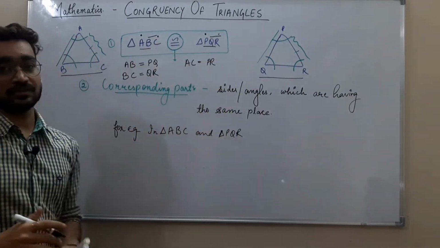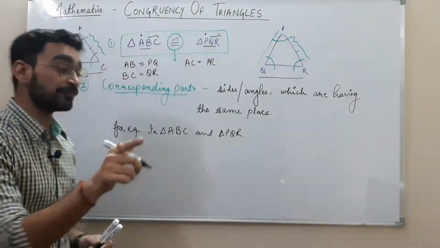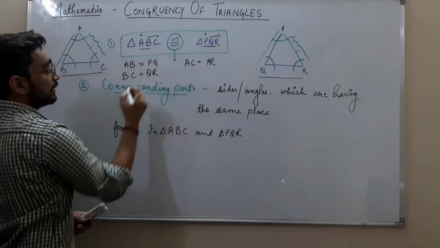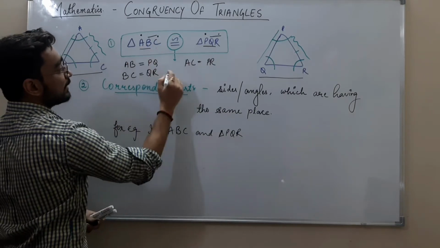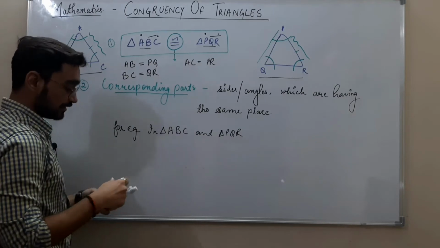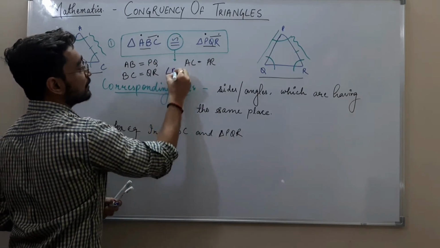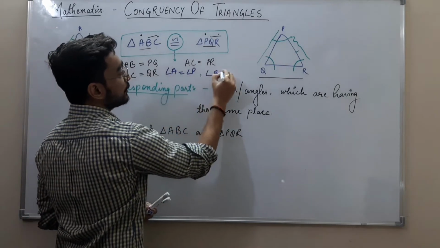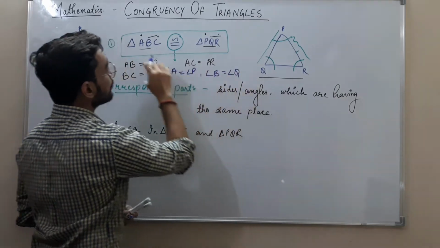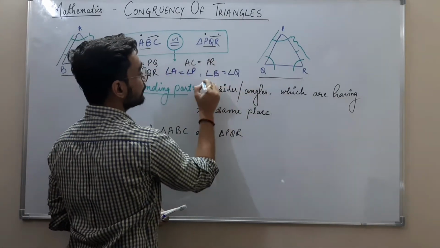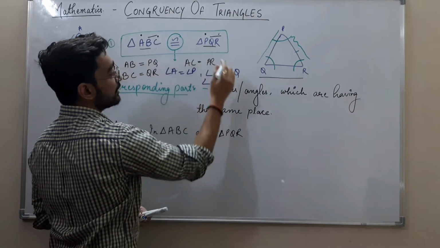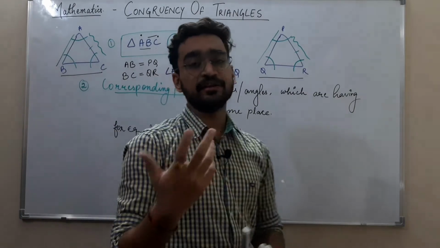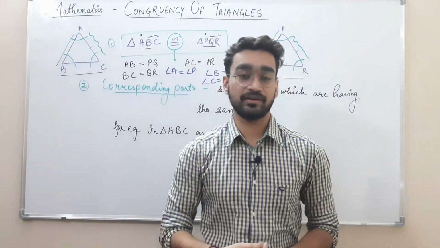By the name itself, we can say that these are the corresponding parts, and we have to write the name according to the corresponding parts. If I'm talking about the angles, I can write that angle A will be equal to angle P. Angle B will be equal to angle Q, and angle C will be equal to angle R. So these are the few key terms which you have to know about the congruency of triangles.